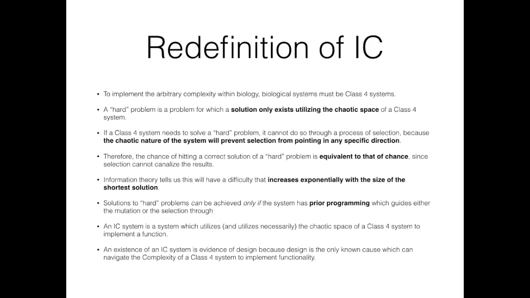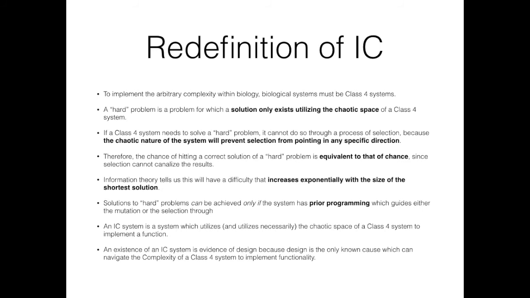So, a redefinition of irreducible complexity. To implement arbitrary complexity within biology, biological systems must be class 4 systems. A hard problem, for this definition, is a problem for which a solution only exists utilizing the chaotic space of a class 4 system.